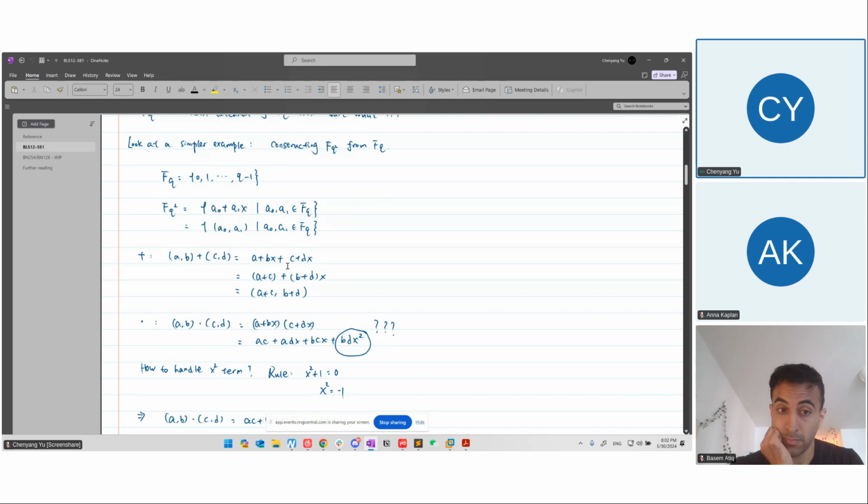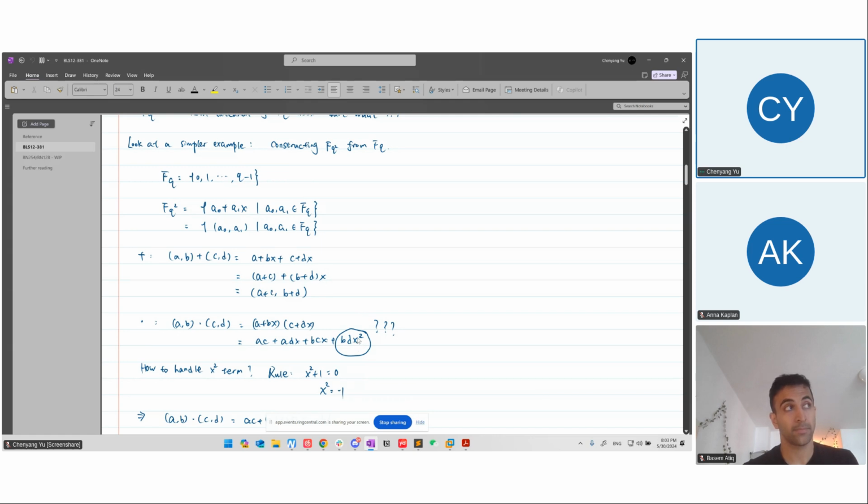You can convert this back to the polynomial representation and do some basic algebra. But for multiplication it is subtle, because we have something like bd x squared that we cannot handle, since in the definition we did not define what x squared is.